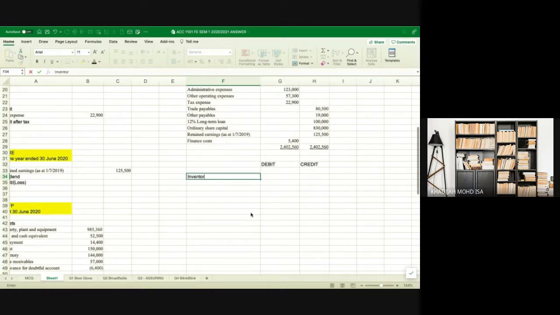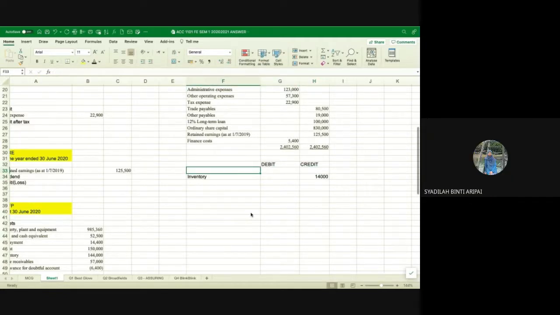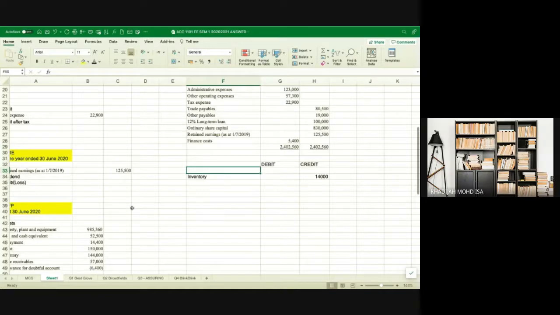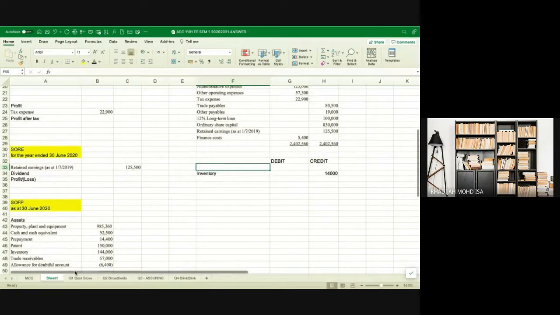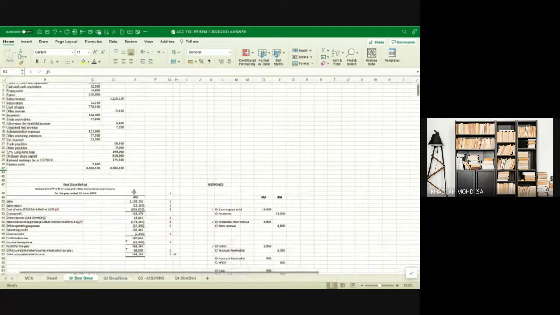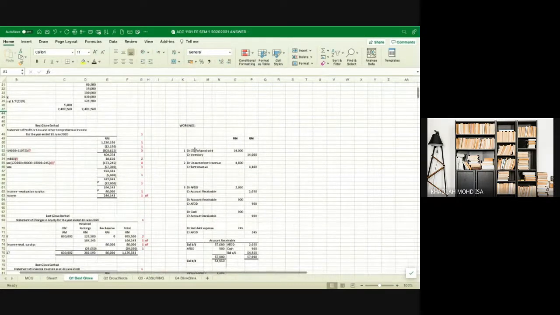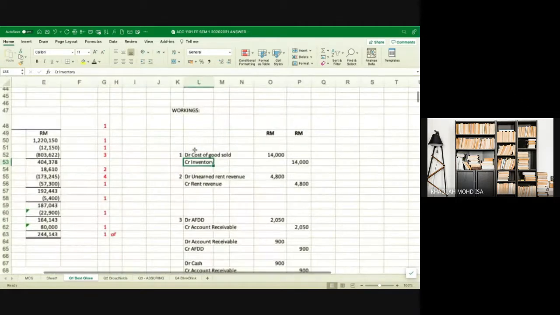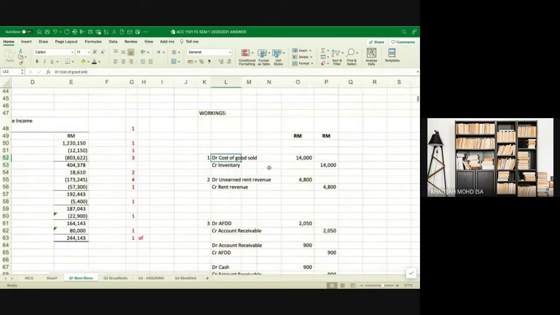What is another entry? You're going to reduce your revaluation value. Is it revaluation? I'm not sure. Let me check the answer. What do they do? The journal entries debit cost of goods sold, right? They debit the cost of goods sold, 14,000.